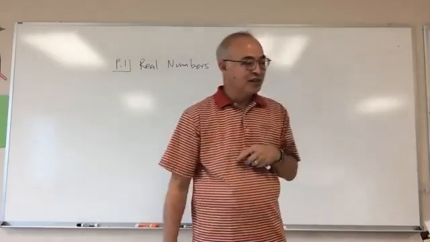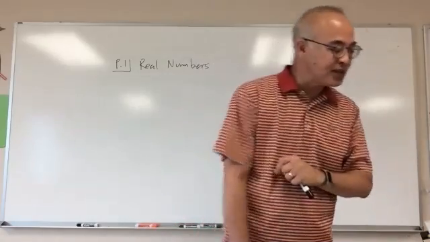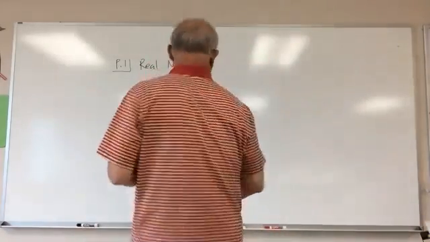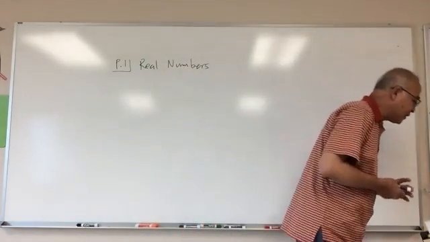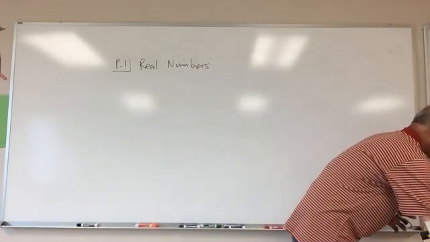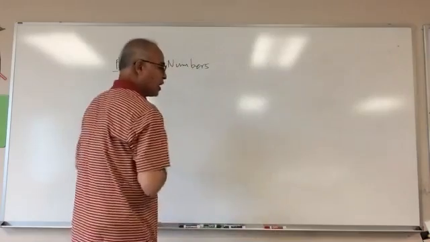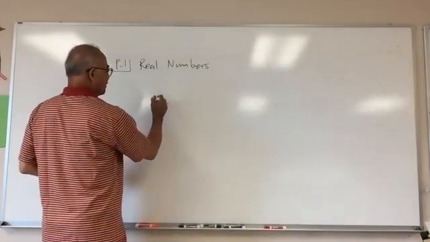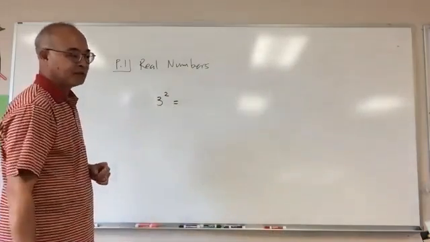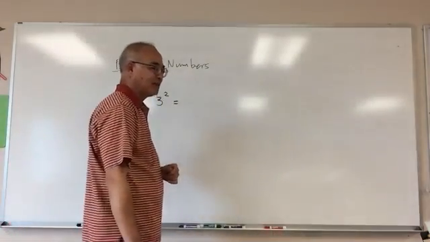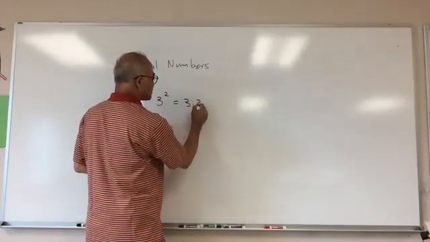More interestingly, let's talk about the exponents. This one needs a little bit of brushing up. So let's see if we know what these things mean. Shauna, tell me what this is. 3 squared, which is 3 times 3, 9.